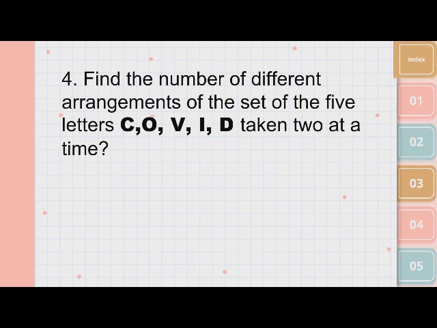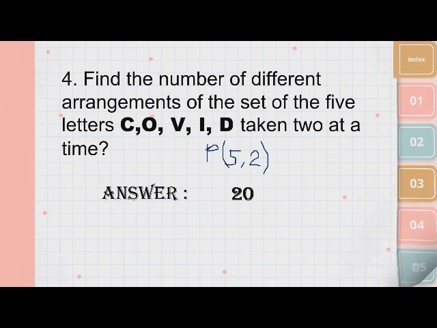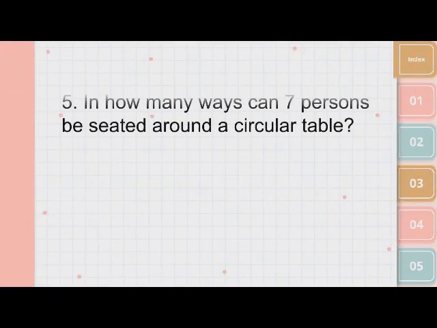So we have here a permutation of 5 taken how many at a time? So we have 2. So 5 taken 2. And we have an answer for that, which is equal to, very good, 20. So let's proceed now to number 5.